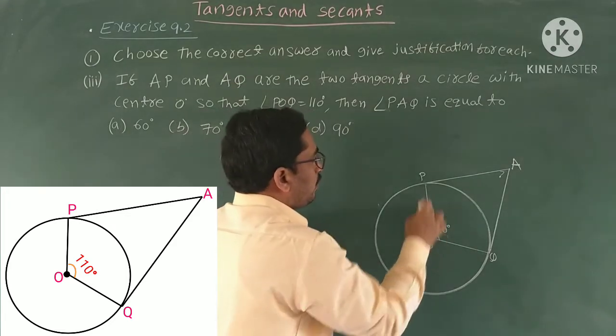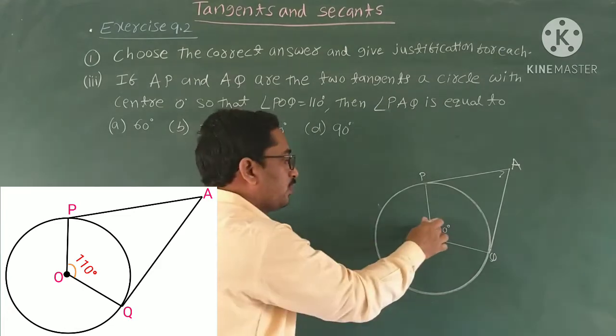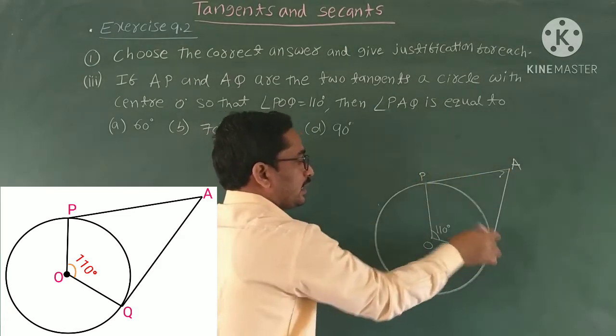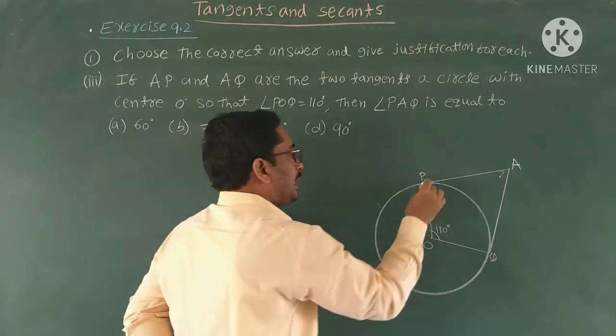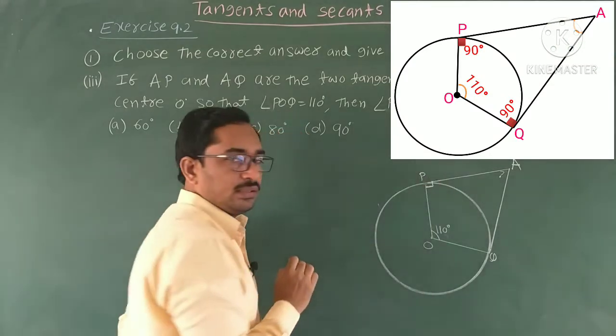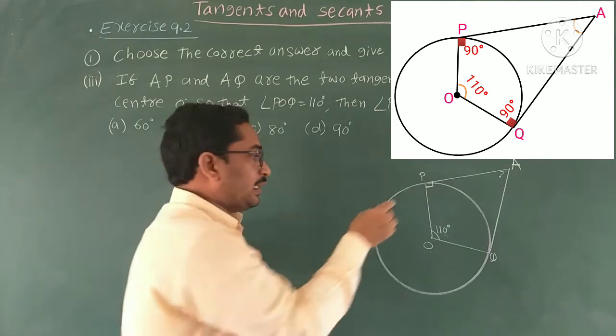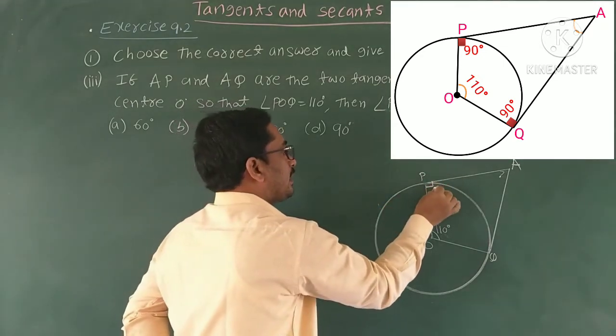Observe, OPAQ is a quadrilateral, and the angle at P is 90 degrees. Why is the angle at P 90 degrees? Yes, at a point of contact, the angle between the radius and the tangent is 90 degrees.